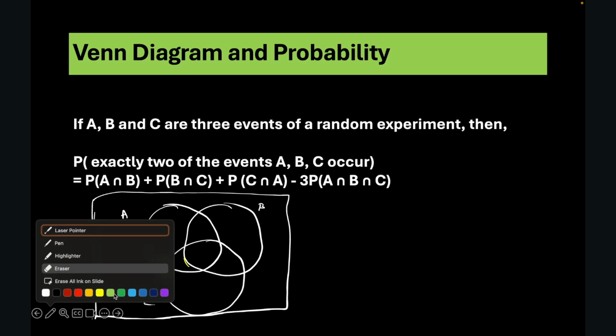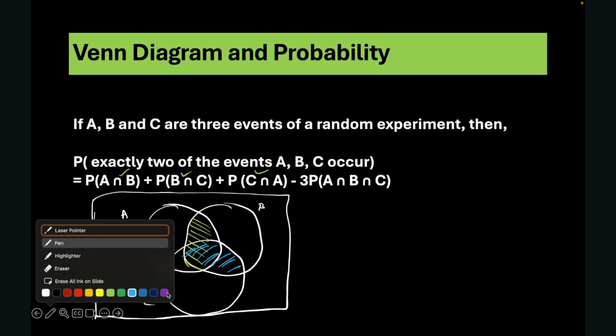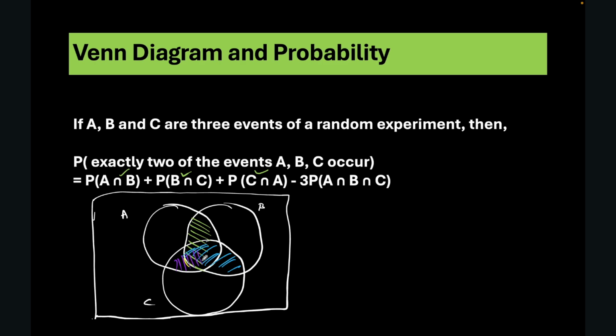So let's take green in this case. So A intersection B, B intersection C, and C intersection A. So that's just shading this area once. Then let me change the color so it's easier to observe. Then it's this area again, and it's this area.